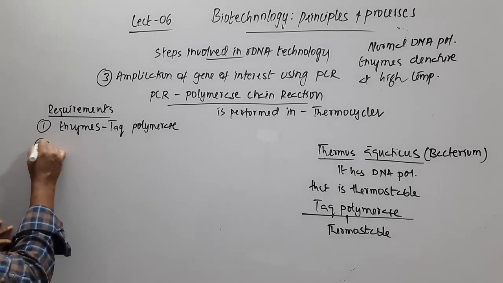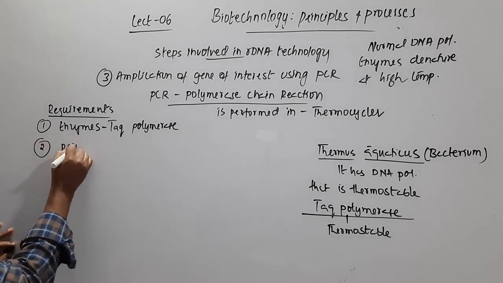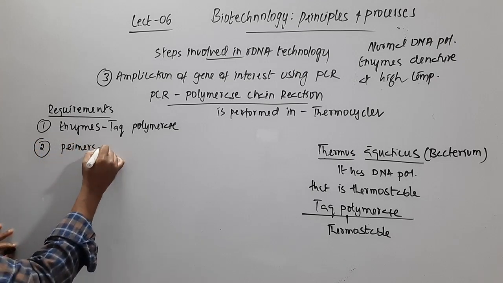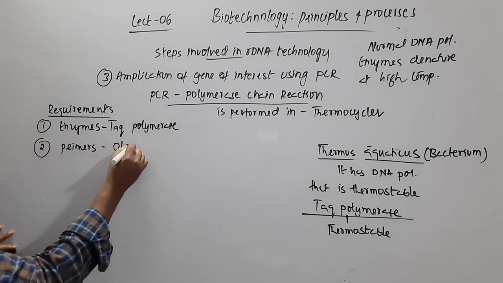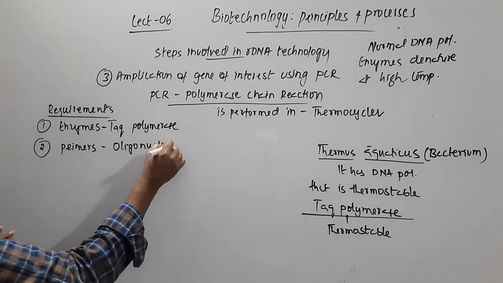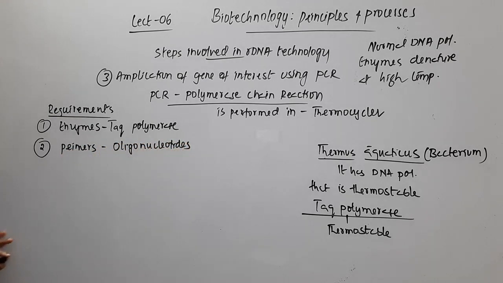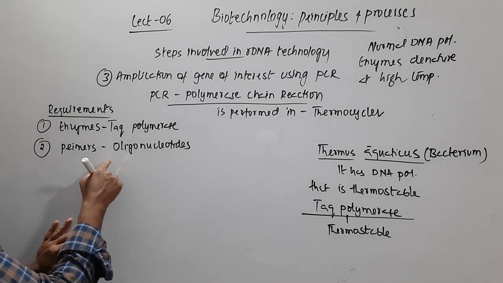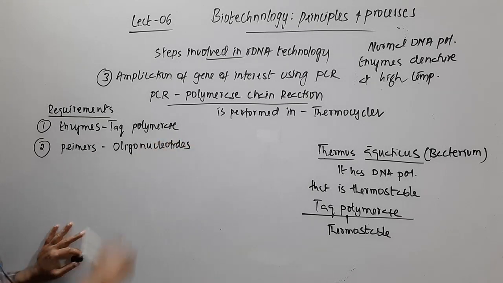Then next, it requires primers. These primers are oligonucleotides, which means very short stretches of DNA molecules, which will be complementary to that fragment of DNA at the points.